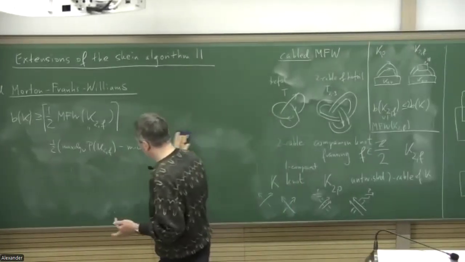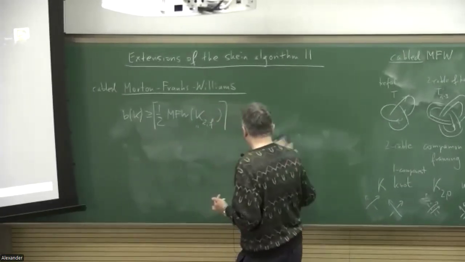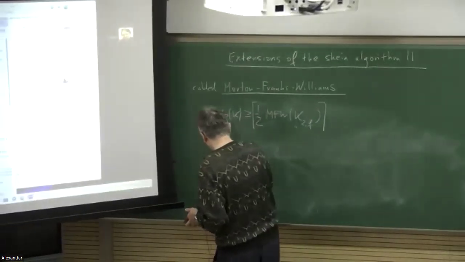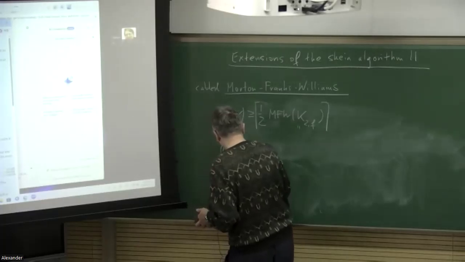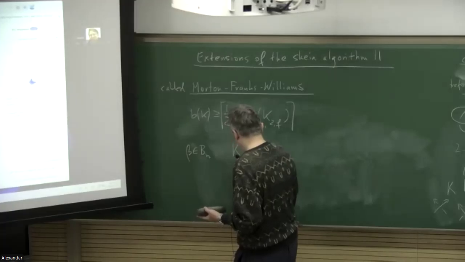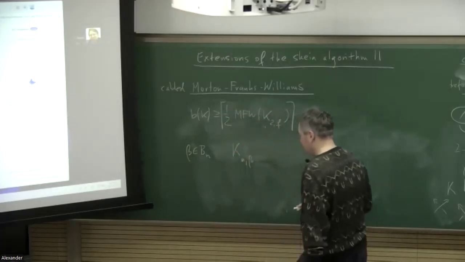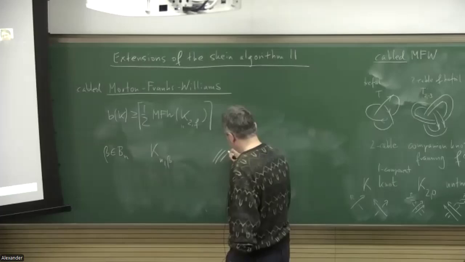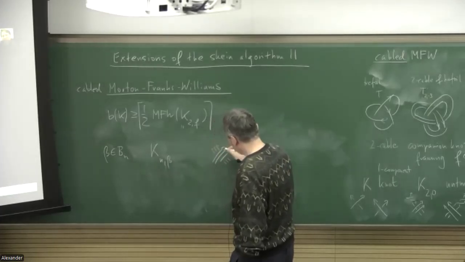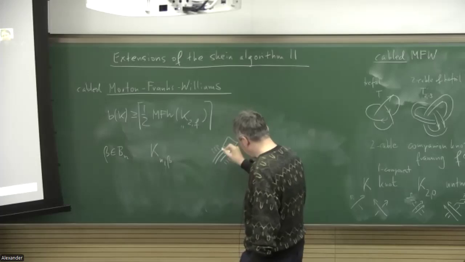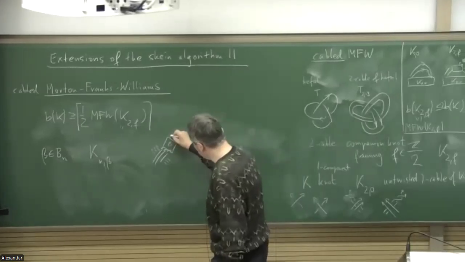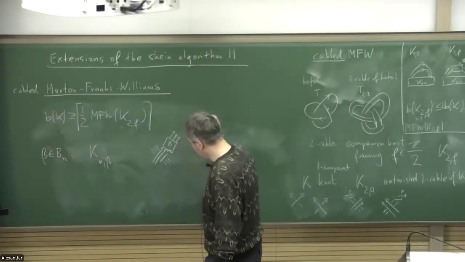Okay, and similarly, there is a generalization. When you have a braid beta in B_n, then you can build K and beta. So you can take, for example, a 3-cable. Again, you have to correct the framing, and then you put a braid beta somewhere in the cable, and where you put it doesn't matter because you can slide it around.